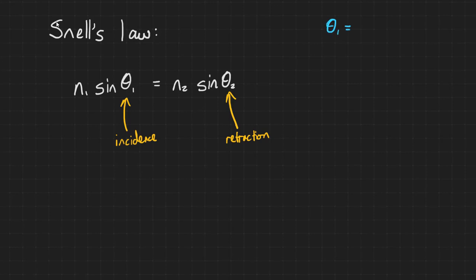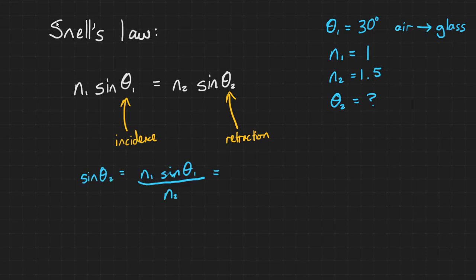Let's calculate the angle of refraction when the angle of incidence, theta 1, is equal to 30 degrees for a ray that's going from air into glass. Well, the refractive index n1 of air is 1, whereas the refractive index for glass is around about 1.5. So we want to find the angle of refraction, theta 2. So first let's rearrange our equation for sine theta 2 and substitute our values in.